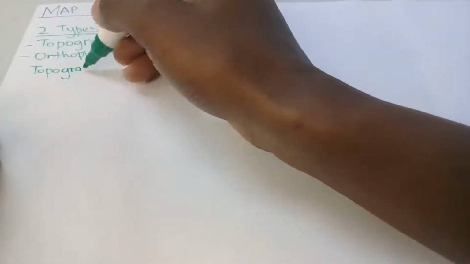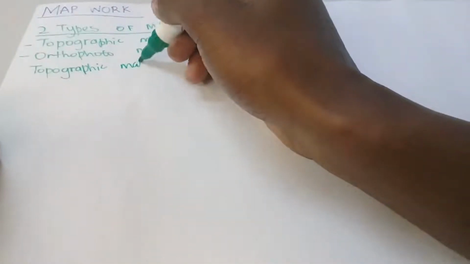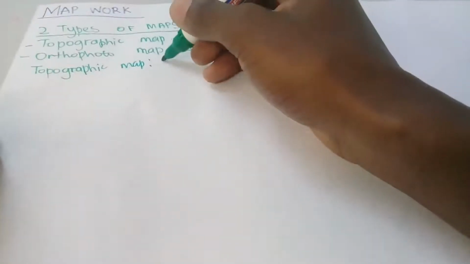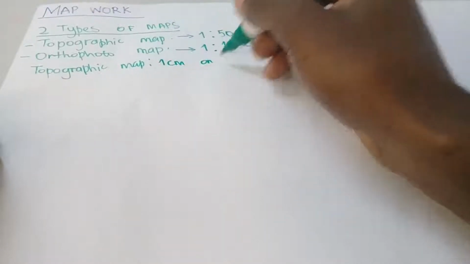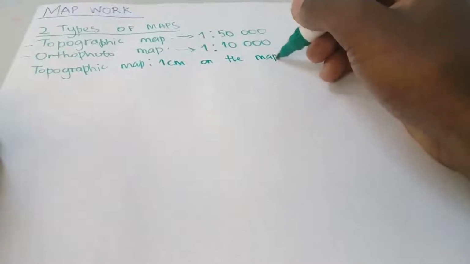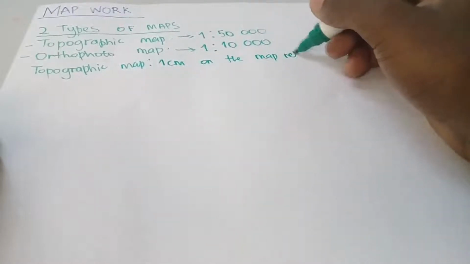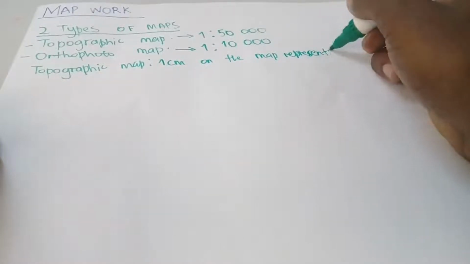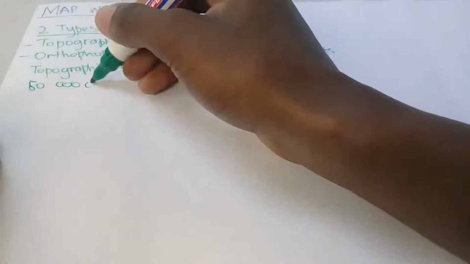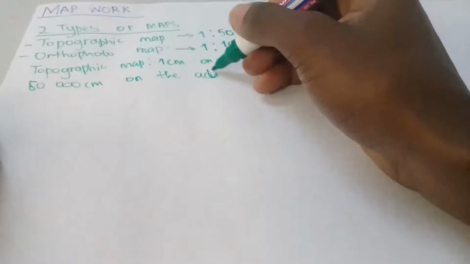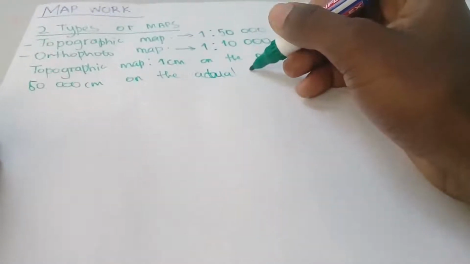So let me write it down. For topographic map, it says 1 centimeter on the map represents 50,000 centimeters on the actual ground.